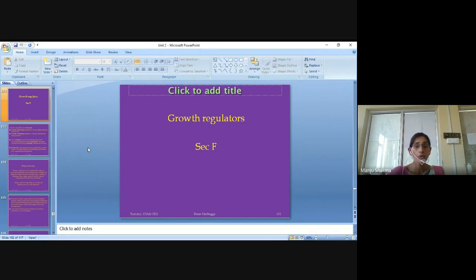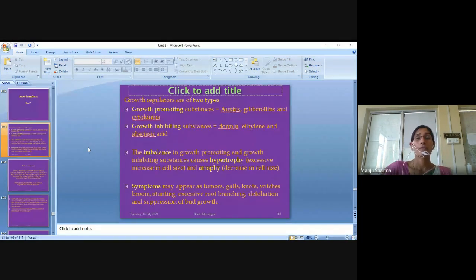After that, growth regulators. Growth regulators are of two types, growth promoting and growth inhibiting. Promoting means they increase the growth of the plant, and inhibiting means they suppress the growth of the plant.